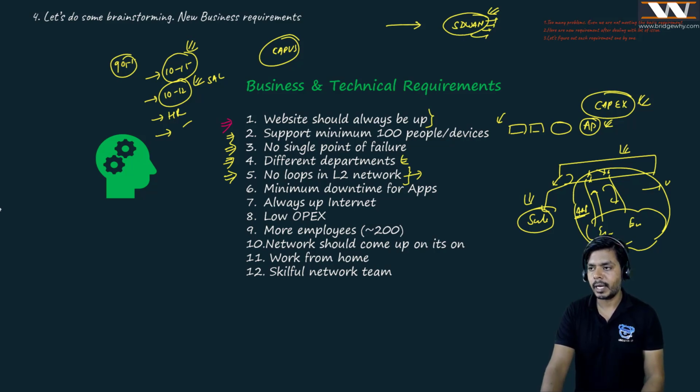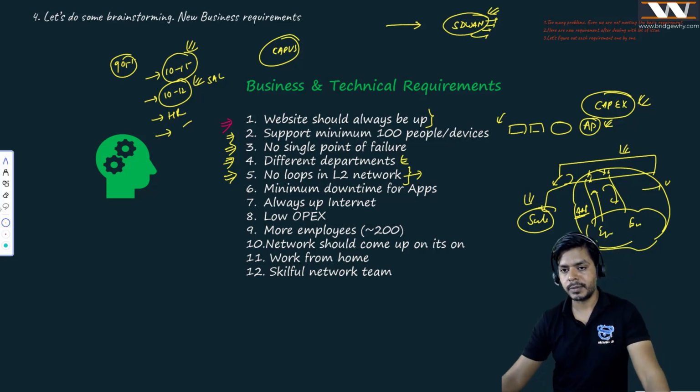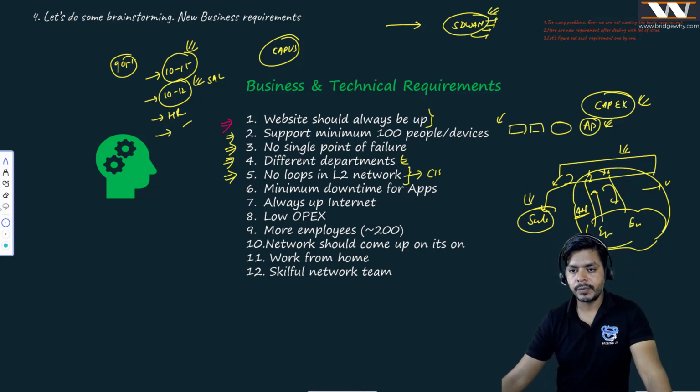We can't rely on these unmanaged, low quality switches. Let's buy Cisco switches, right? And that is where the company CEO is also saying that is perfectly fine. I am ready to spend money now, right? Because this is going to be my core business. My core business won't run if we don't have these devices, right?